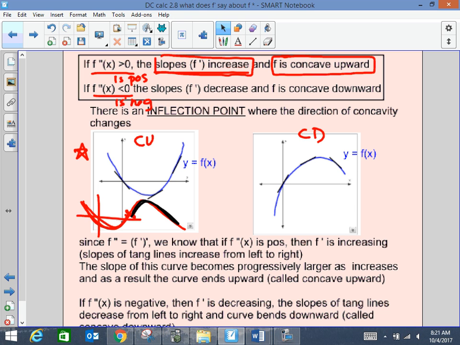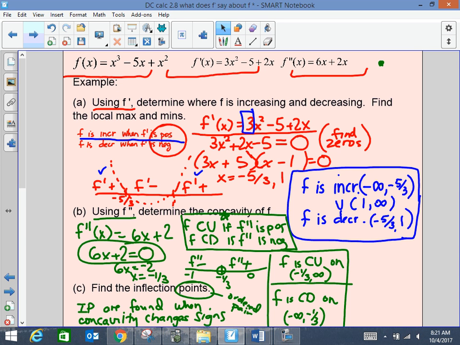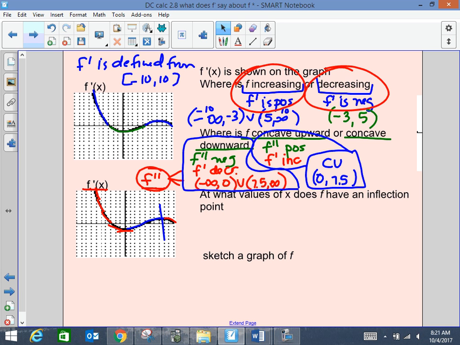Now I have you memorize this theory. This theory is kind of hard to remember. It's easy to get mixed up, but if you just remember the relationship between the function and its derivative, you should be good. All right, but it is there.